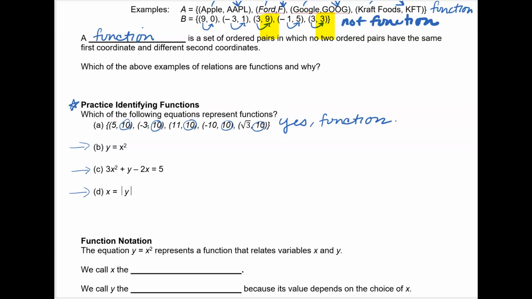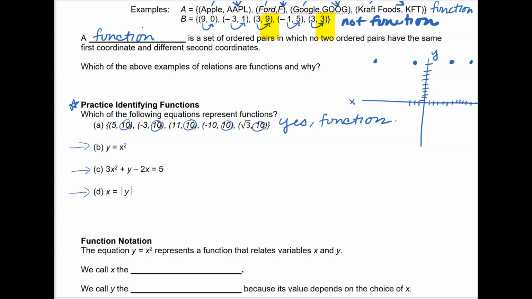If we looked at a graph of this, let's think about what it would look like. If we call this x and y, if we plotted 5, 10, if we plotted -3, 10, if we plotted 11, 10, and I'm just doing a quick sketch, -10, 10, just estimate, and square root of 3, 10.